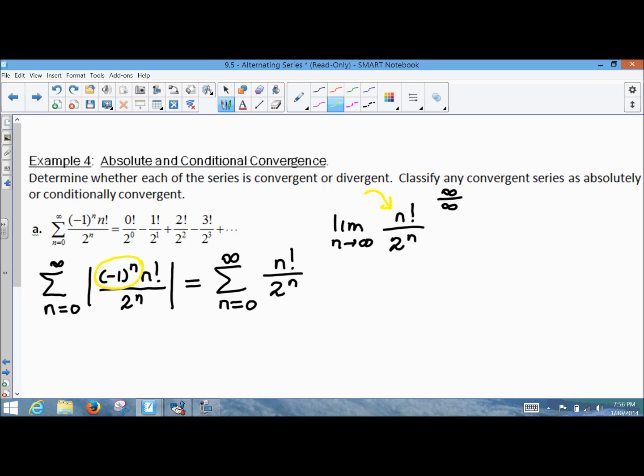So in my classes, we talked a few weeks ago that anytime you have a factorial in one part of your fraction, whether it's the top or the bottom, versus pretty much anything else, an algebraic component like an n or an n squared or an n cubed, or even an exponential component like 2 to the n, or 3 to the n, or 4 to the n, which piece is going to grow faster?